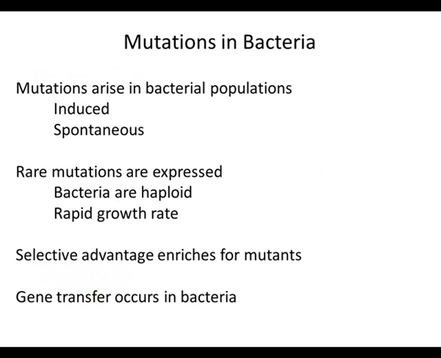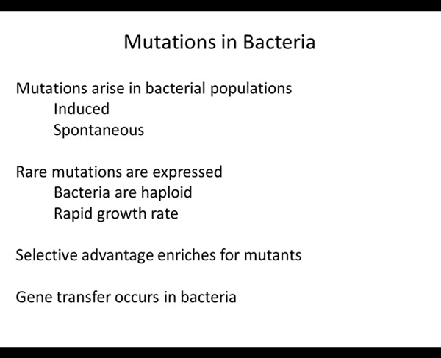So in bacteria, there can be spontaneous mutations that occur just as a result of replication, or some chemical could be put in the environment, or some radiation, ultraviolet light, and these cause mutations. So those are induced mutations.